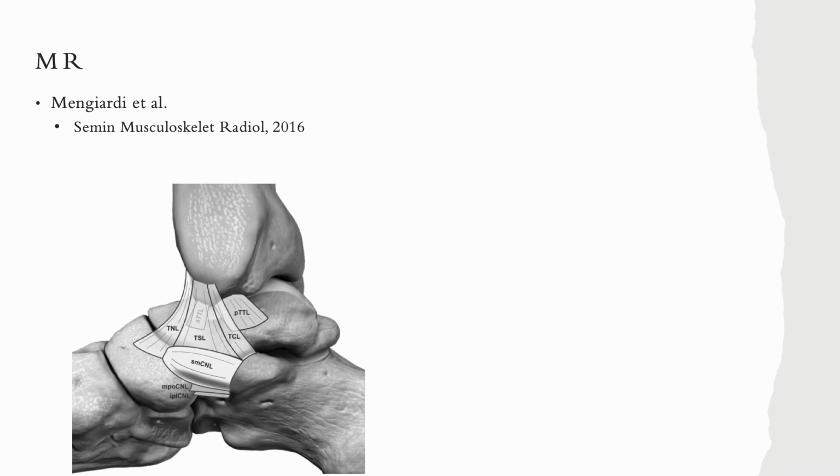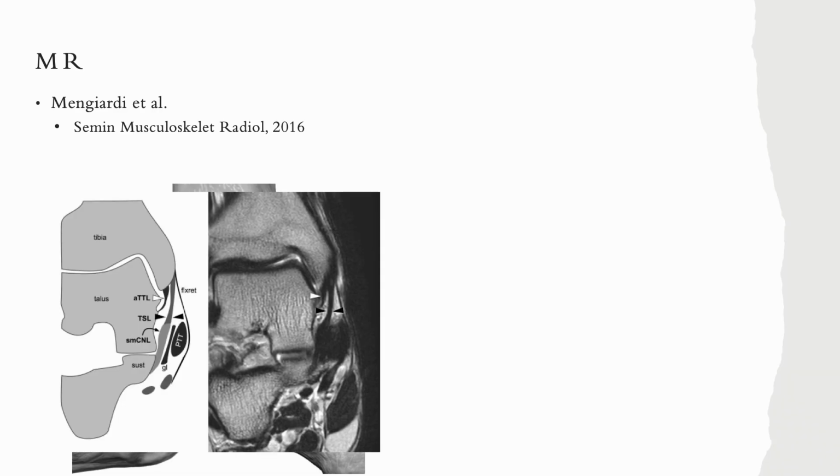Other than doing imaging and arthroscopy, what does the MRI show us? This study is not so much telling us anything specific, but it's an anatomy study. I'm going to go through some pictures of it. They wanted to define those ligaments based on MRI. This is just a great study highlighting what it looks like from an MR standpoint, what you're looking at, because I think we all get a little confused on an MRI sometimes about what we're looking at, especially in injury states and not just normal healthy states.